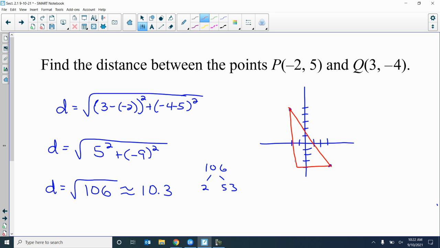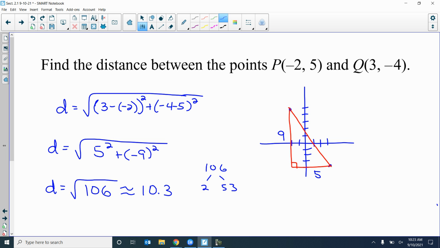You draw a line straight across. You got the right angle. This here, 3 minus negative 2, gives us the horizontal leg, which is 5. And then the negative 4 minus 5 will give us that leg here. It gives us a negative, but when we square it, it becomes a positive.